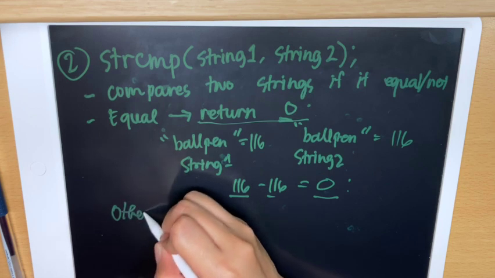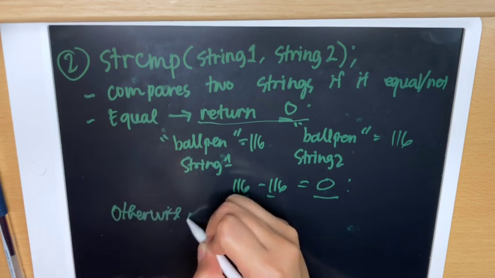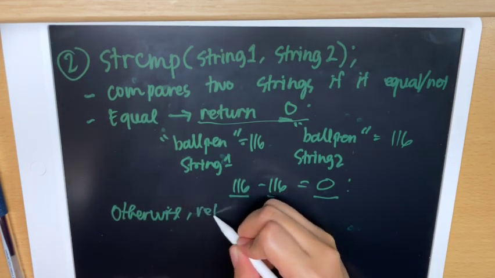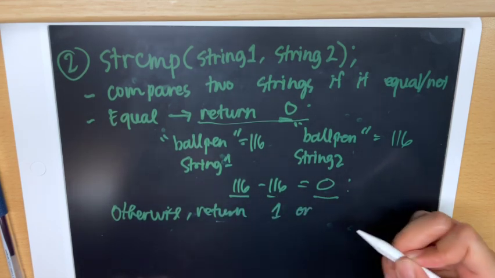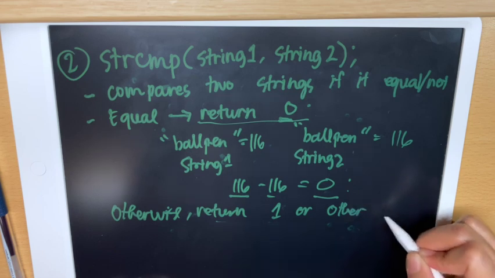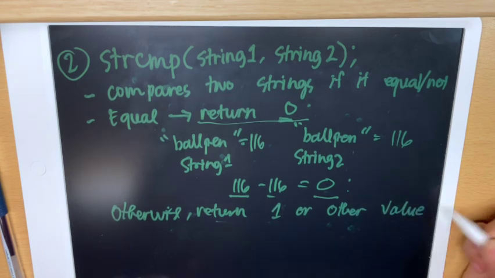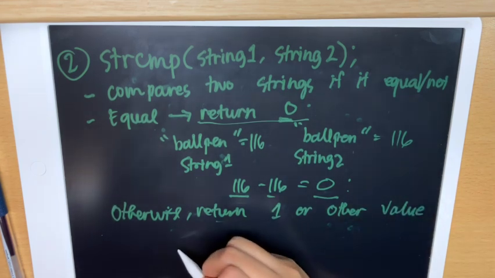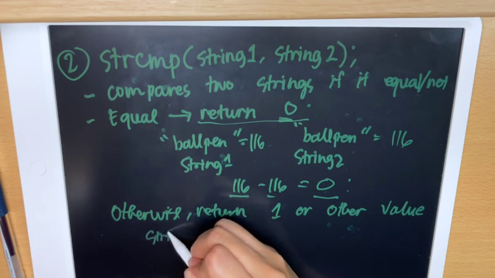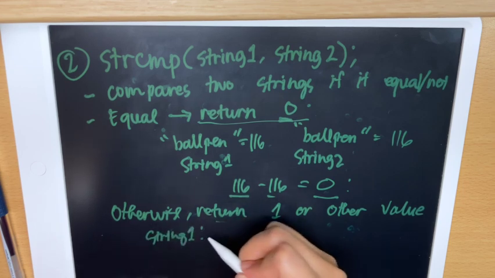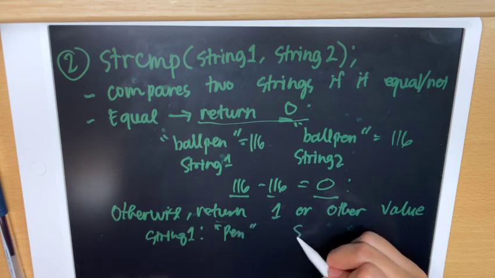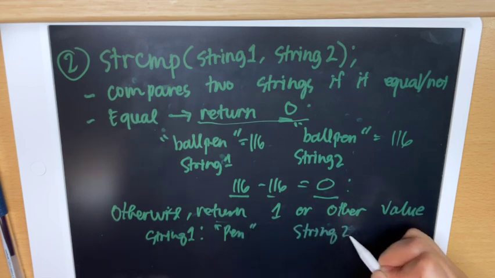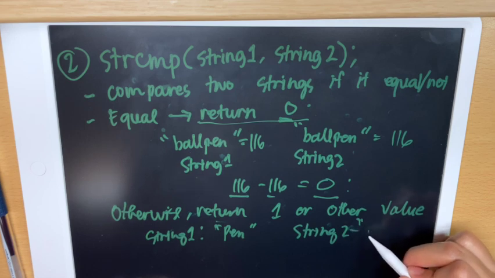Otherwise, it returns 1, or maybe another value. So let's just say for string 1 you have pen, and string 2 is ball pen.